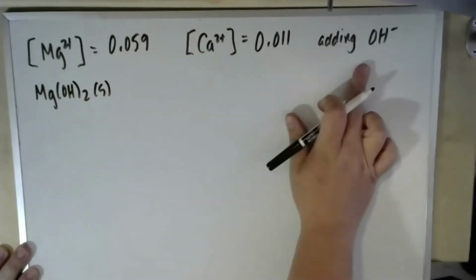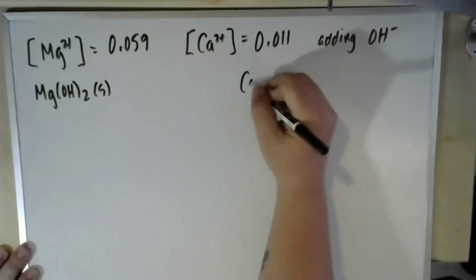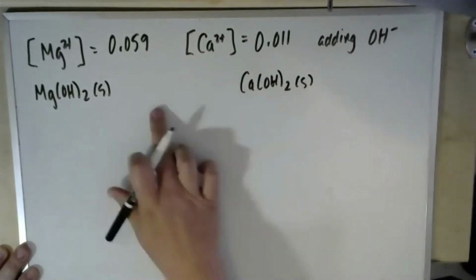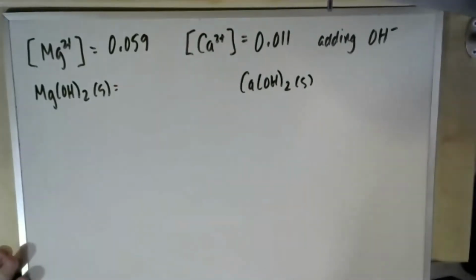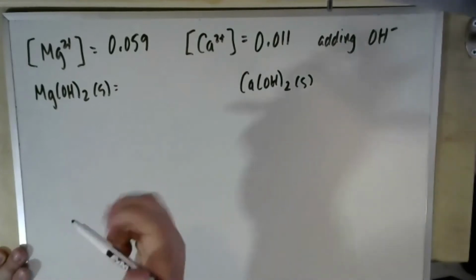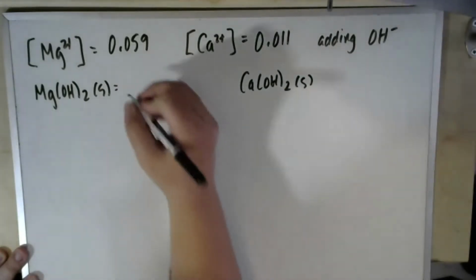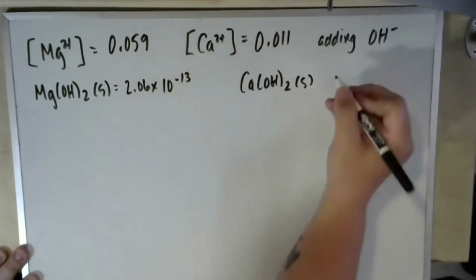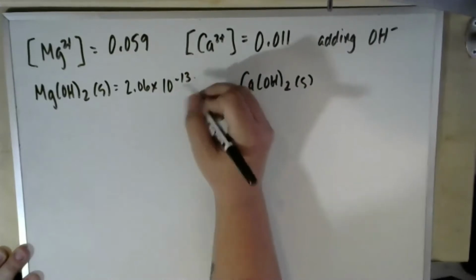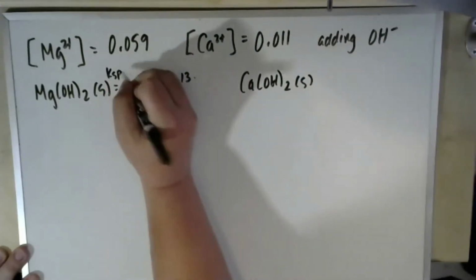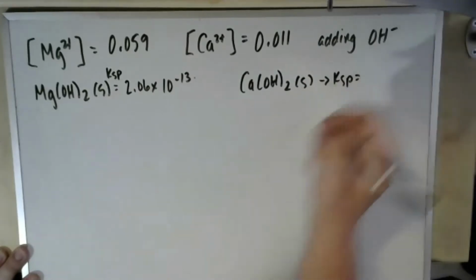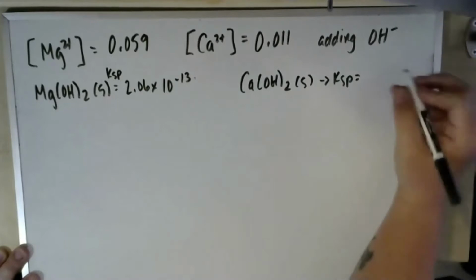When calcium reacts with hydroxide, it's going to form Ca(OH)2. Okay, so if we look at the KSP values of both of these things, we're going to see that they're very different magnitude-wise. So the magnesium hydroxide KSP is 2.06 times 10 to the negative 13. And the calcium hydroxide KSP equals 4.68 times 10 to the negative 6.